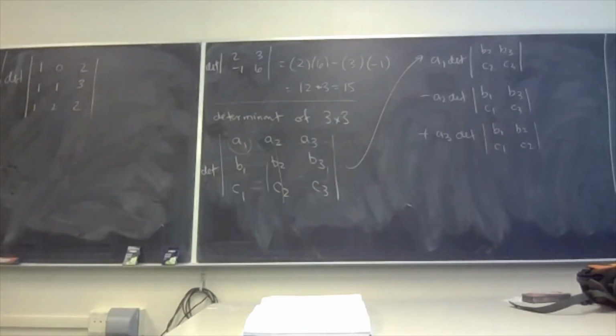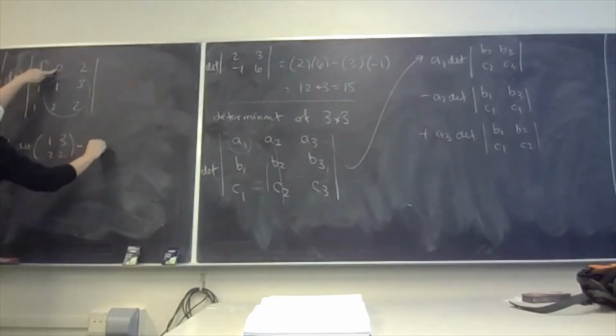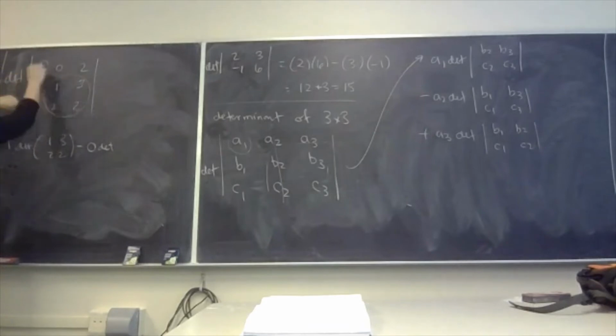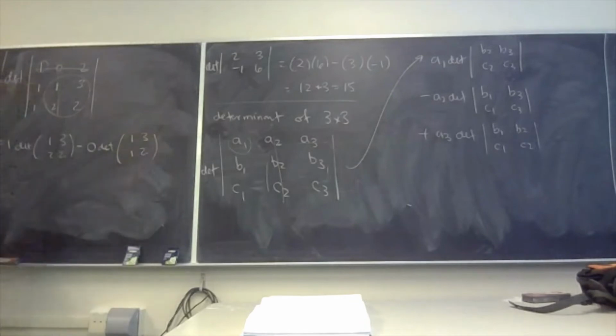So what the formula says you're supposed to do is take this number and multiply it by the determinant of these guys, 1, 3, 2, 2, minus this number times the determinant of this one right here, 1, 3, 1, 2, plus 2 times the determinant of that little matrix right there.